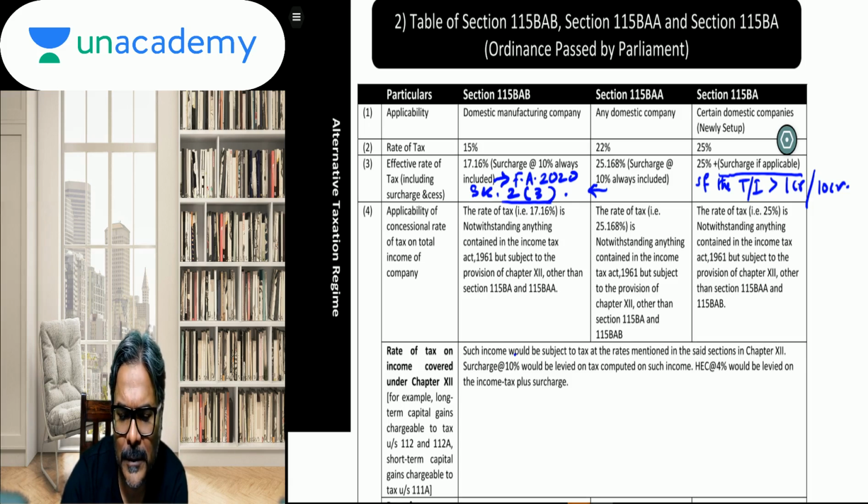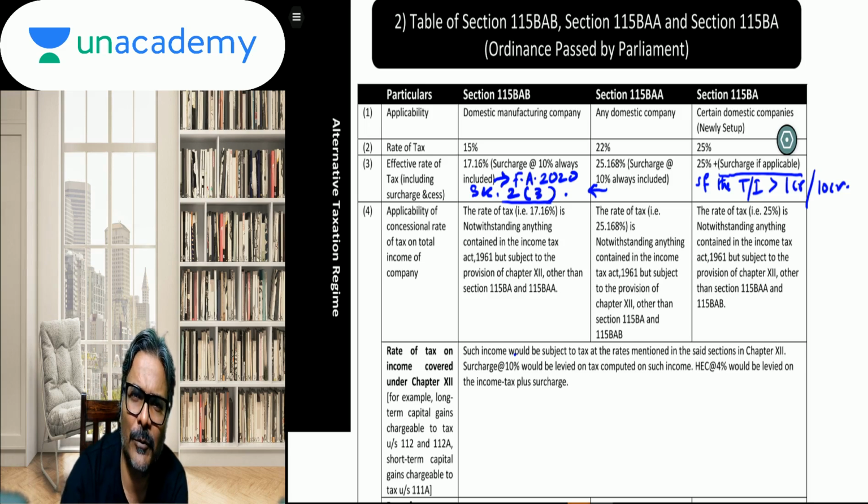HEC of 4% would be there, and if that is the case, then you can just compare with 115BAA, which, after including surcharge and HEC, has an effective rate of 25.1%. Whereas in 115BA, you think fine, surcharge is not there right now, at least in this year. But you at least have the suffering of 25% plus 4%, that is the loading. And effectively then, it is more or less on the same footing as 115BAA.